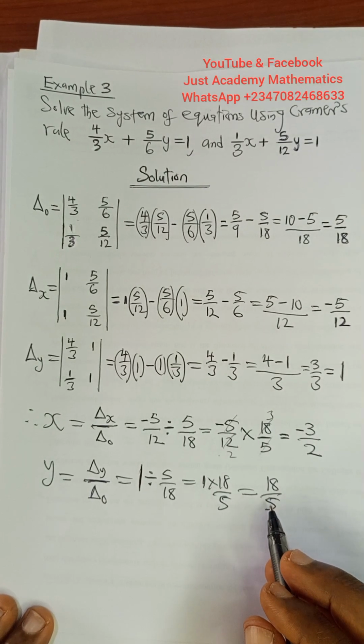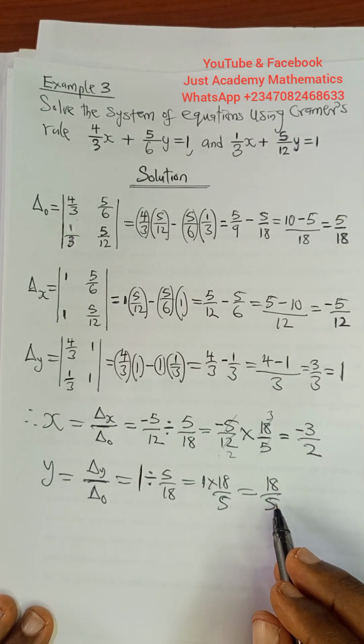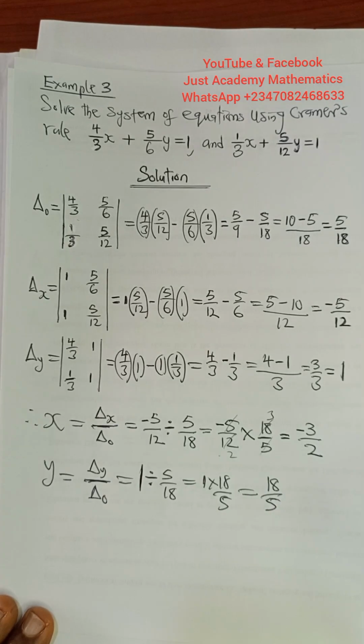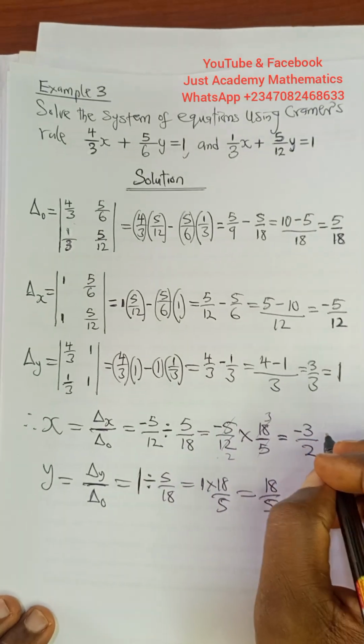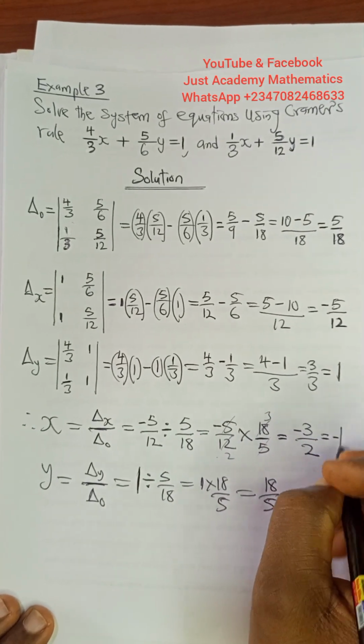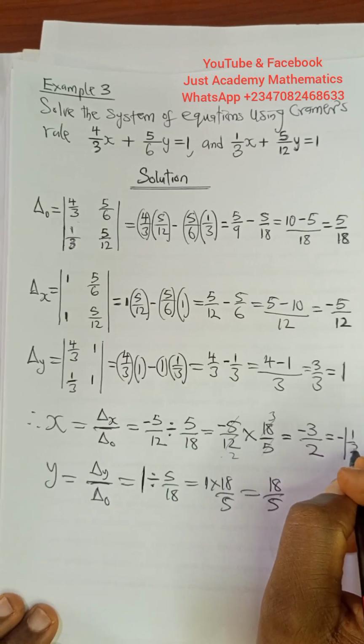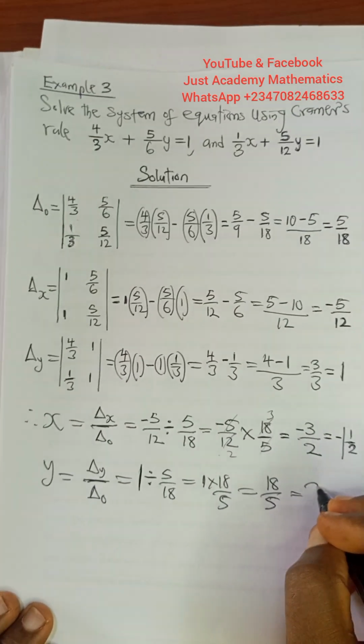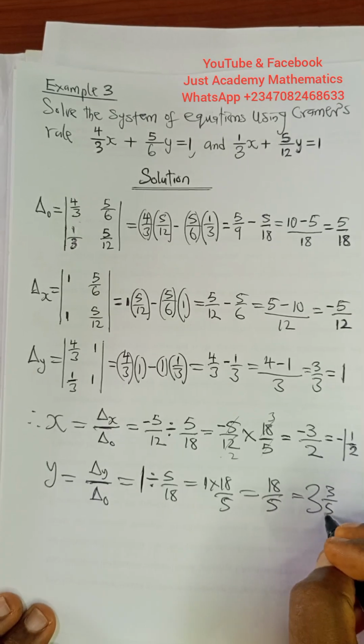Also, we can still present this in mixed fraction as 3 whole number, 3 over 5. Is that still allowed? You can put this one finally as minus 1 whole number, 1 over 2 in mixed fraction, and you can put this one in mixed fraction as 3 whole number, 3 over 5.